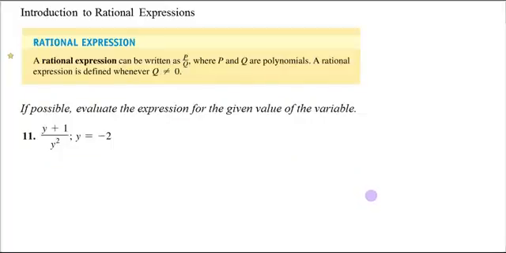Right now we want to just evaluate expressions, and we evaluate by substituting in the value they give us for the variable and finding the value of that expression. So we'll substitute a -2 in for every place we see a y. So it'll be -2 plus 1 all over -2.